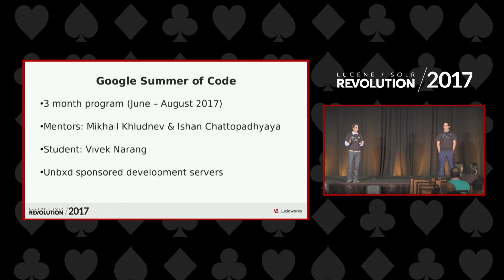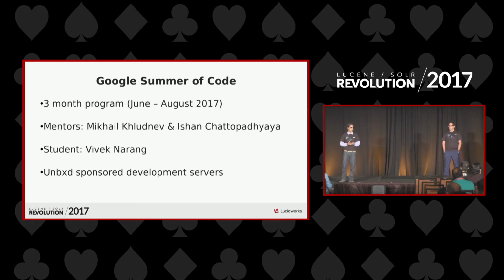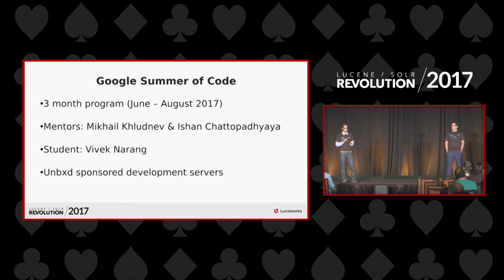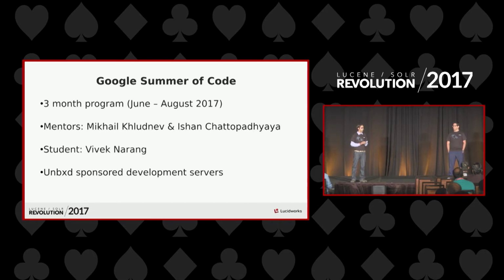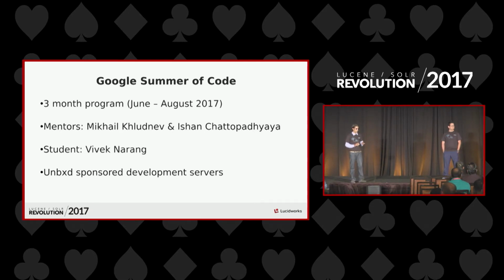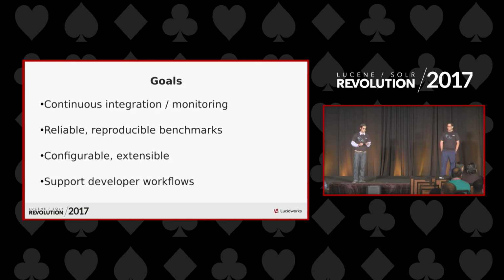It's a 3-month program starting from June 2017. Vivek applied for this program, and the idea was to build a benchmarking suite. Mikhail Khludnev and I, as I mentioned, were the mentors. The hardware for the development, the staging server, the production server, those were kindly sponsored by the company called Unboxed.